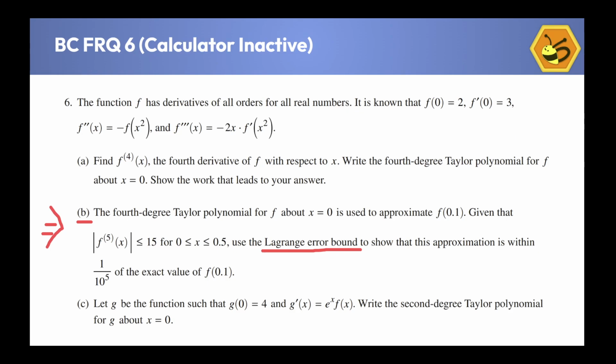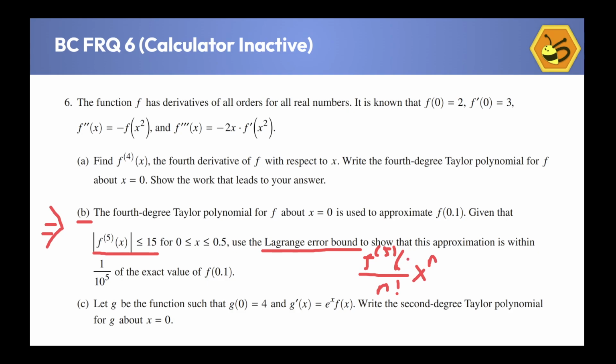Let's take a look at this. So the error bound is the next term, so we stop at 4. So the error bound is the fifth term. The fifth term is f5 over n factorial and then x to the power of n. Not exactly the next term, because we need to bound the maximum value of this derivative, because the error bound is always positive.